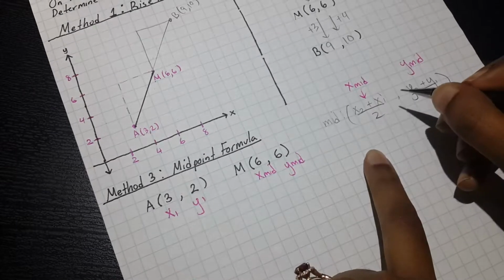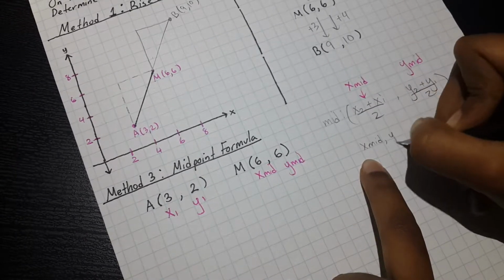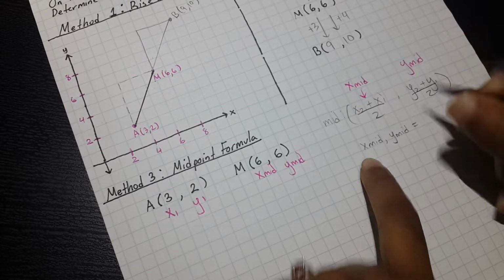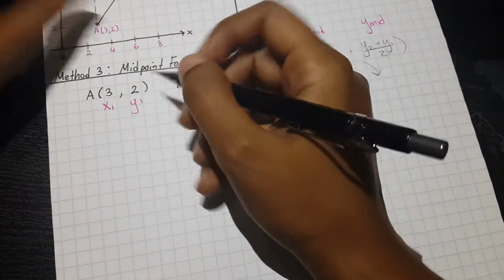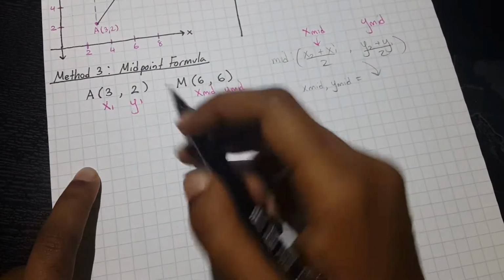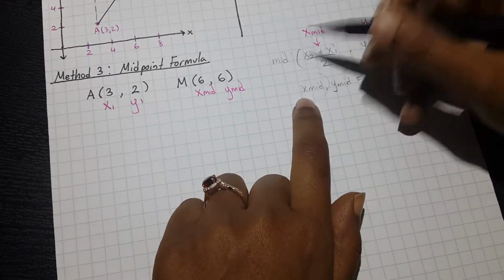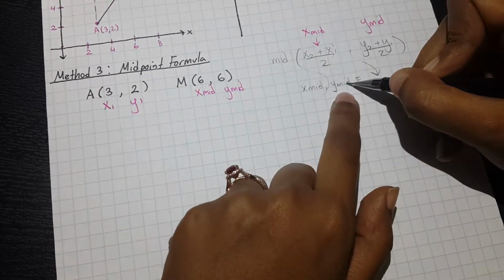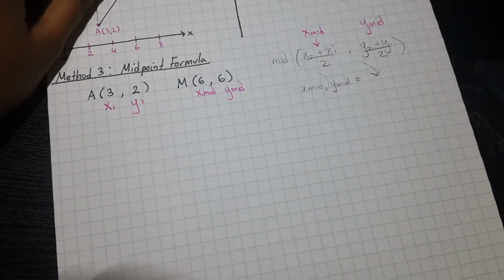So this is originally going to be x mid, comma y mid equals, and then this midpoint formula. So we're actually going to set these equal to each other. So x mid equals the result of this, y mid equals the result of this. That'll be easier when it comes to solving it algebraically.